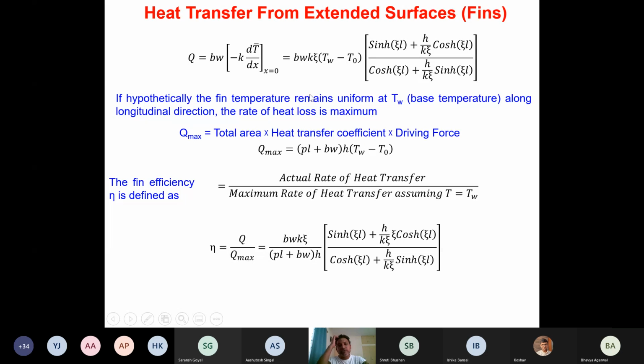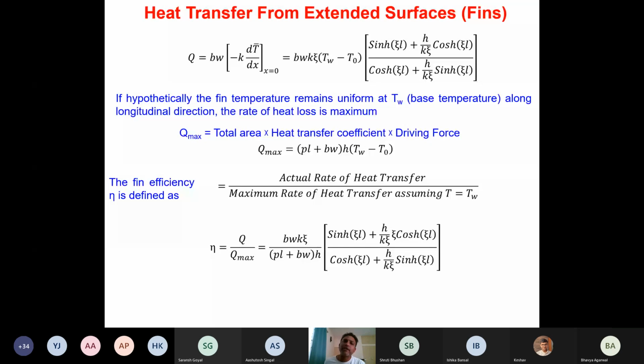This is the final equation which is going to give me the rate of heat transfer Q. Now this is the rate of heat transfer Q at the base, isn't it? Correct. This is the rate of heat transfer at the base by conduction, and obviously this has to be the same as the amount of heat dissipated from the fin, isn't it?